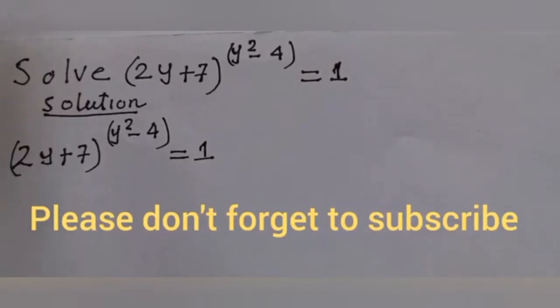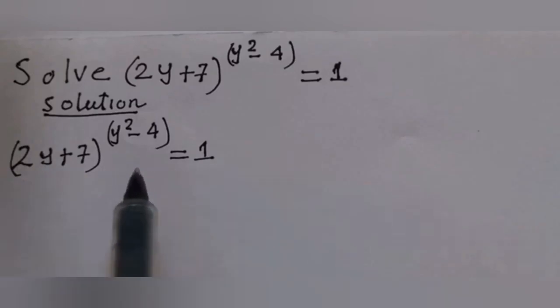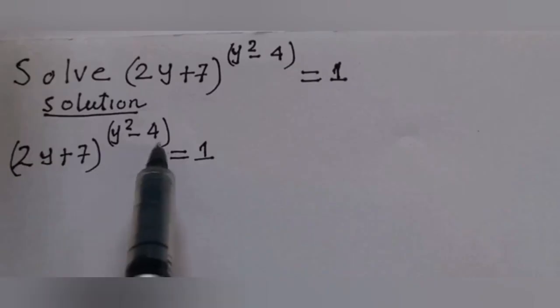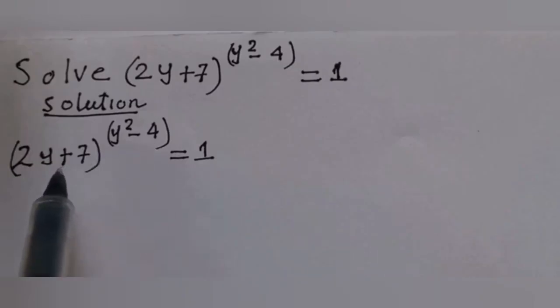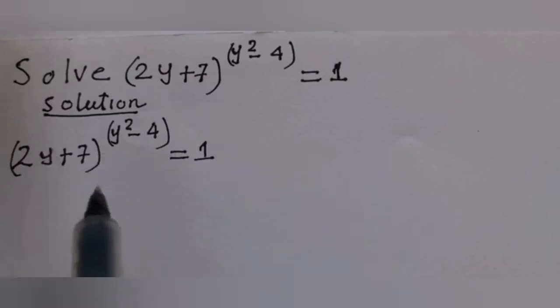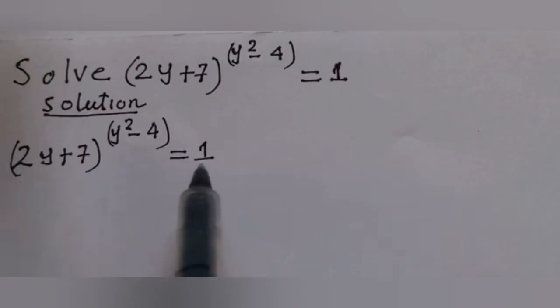As you can see here, we have the exponential equation, which also contains a quadratic expression. Now we are told to solve, or to find the value of y. In order to solve or find the value of y, let us apply log to both sides of the equation.